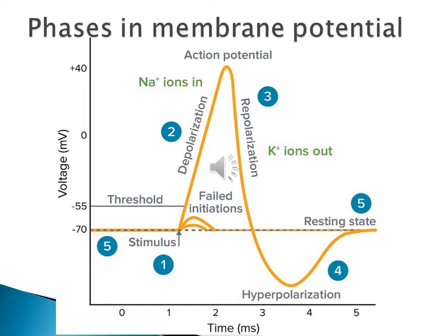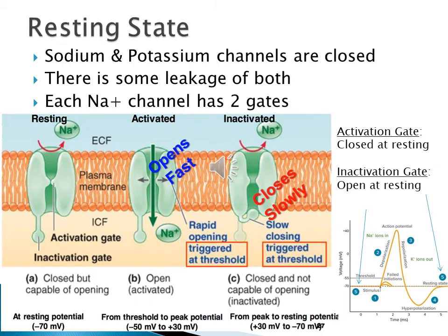I'm going to break this down into some smaller pieces and bring your attention to some things that are going on in each place as we move through these slides. All right, so up first is that resting state. Here you can see our sodium and potassium channels are closed. There's some leakage that goes on of both. They're capable of opening, and you'll see that each sodium channel has 2 gates. So keep that in mind, 2 gates, whereas potassium only has 1.